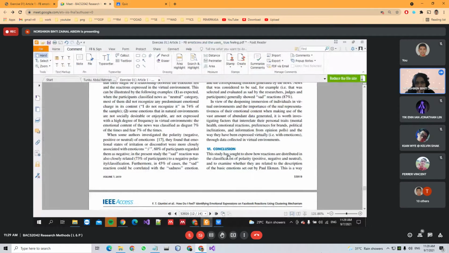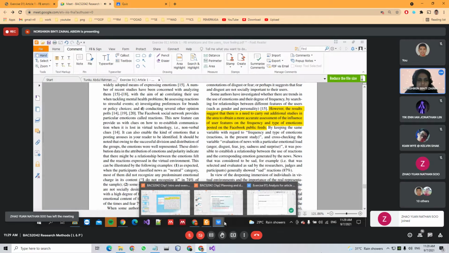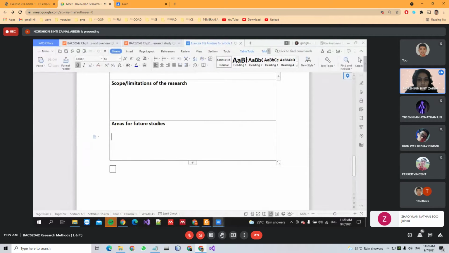So the area of study, let's say, for example, this one in the highlighted part, turns to use. So the area of study is quite general. How to explain? If they set here future, that means it's no longer in your research.